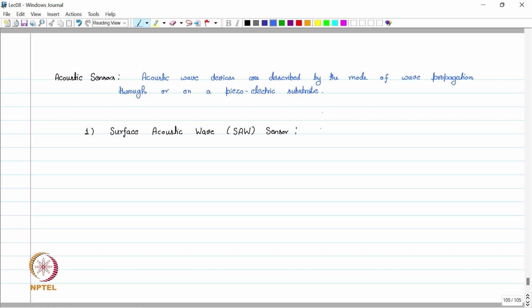If the wave propagates on the surface of the substrate, it is known as SAW sensor.